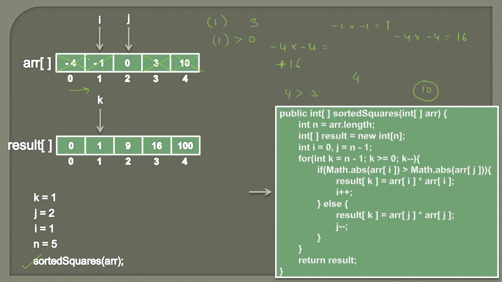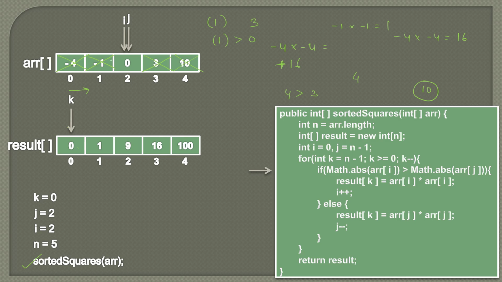We have used this spot, so we'll increment I. I becomes 2. We'll decrement k because we have used this spot. So k is equal to 0. So this condition still comes out to be true.